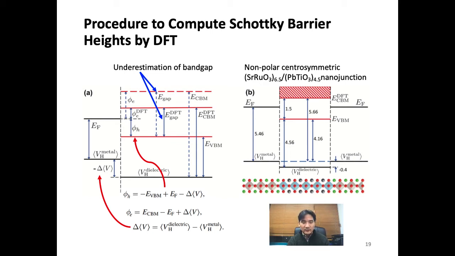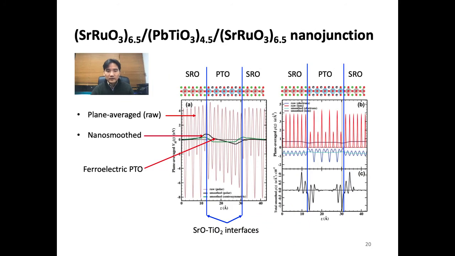You can see we average not only in the planar direction, but we also do smoothing, because there are big oscillations even inside the unit cell, which makes the calculation complicated. With these numbers crunched in, you will be able to align the levels and calculate the barrier heights at the junction.